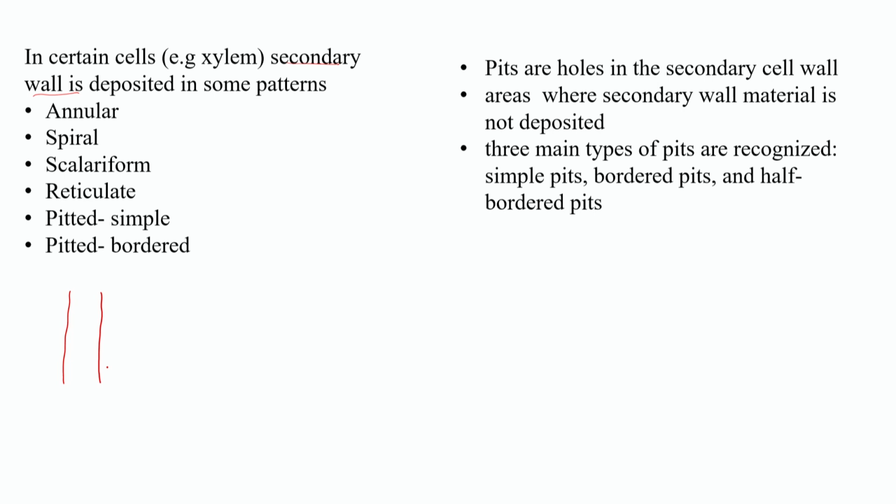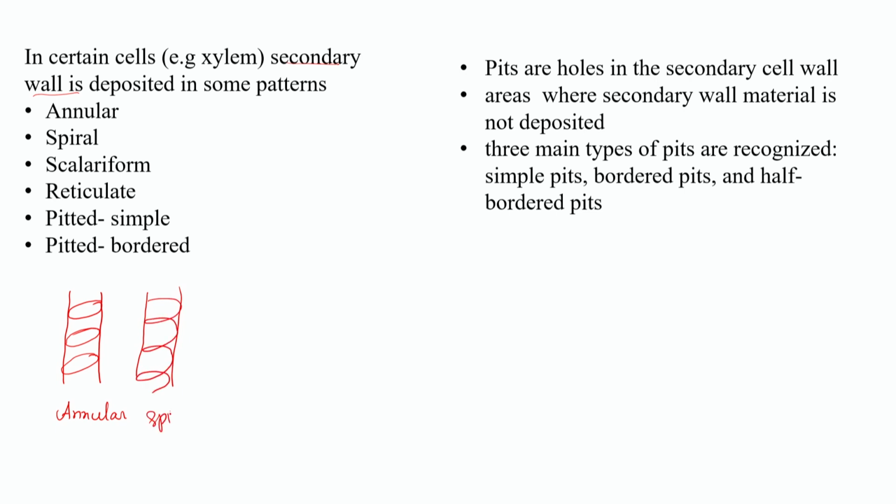These are elongated cylindrical cells which are dead in nature and have secondary cell wall thickening. The secondary cell wall can be deposited in different fashions. If it is deposited in a ring-like fashion, it is known as annular. It could be deposited in a spiral fashion.